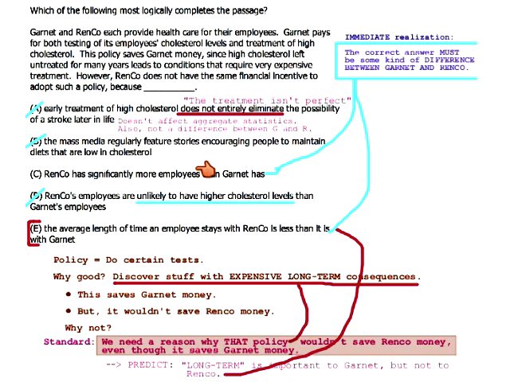So this one, as far as choice C goes, significantly more employees. As far as having incentives to do this, that's if they either save money or they don't, and that's not a matter of number of employees.